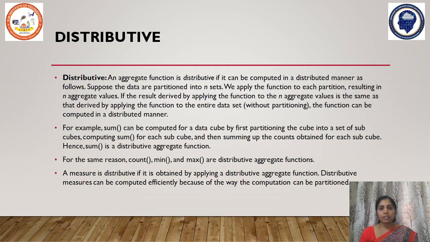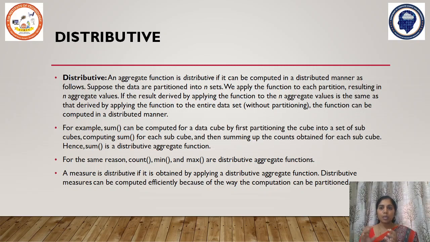For example, consider sum. The sum function can be computed for a data cube by first partitioning the cube into a set of subcubes, computing the sum for each of the subcubes, and then summing up the values obtained for each subcube.